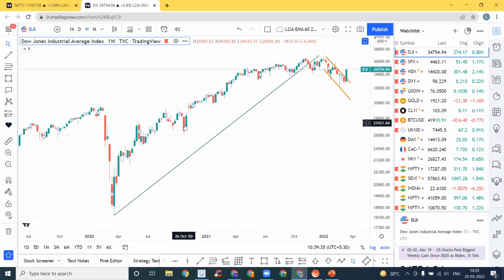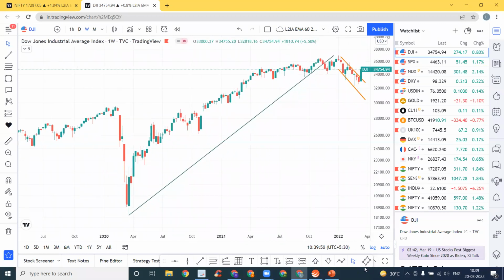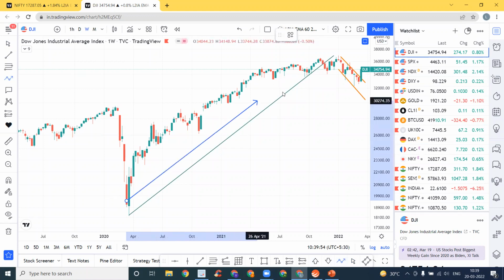So we see pullbacks, which we call reversals, and that is my secondary trend. So my primary trend is like this, going up straight.